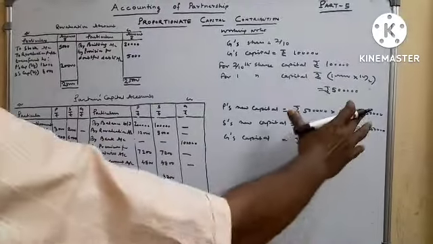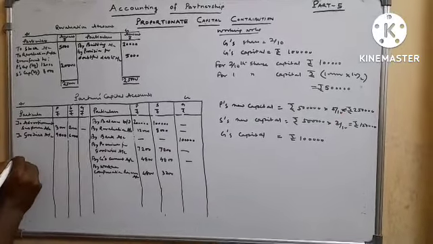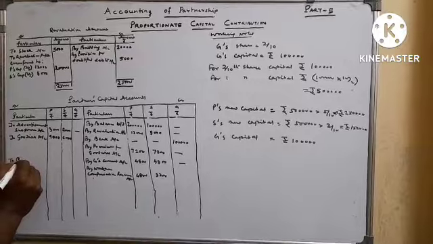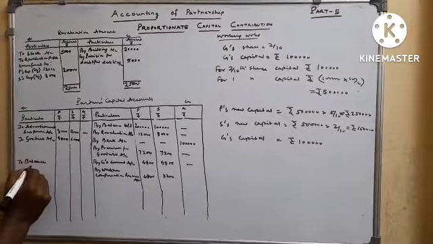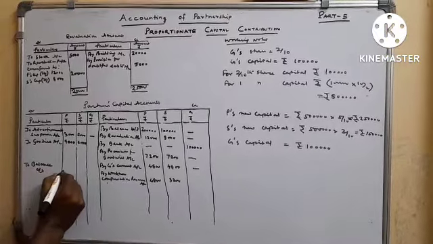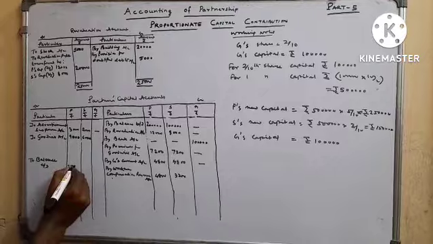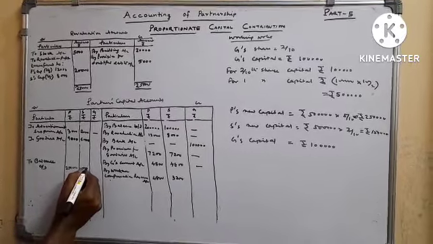Now we got the new capital balances. We should write to balance CD. It will be 2 lakh 50. It will be 1 lakh 50.